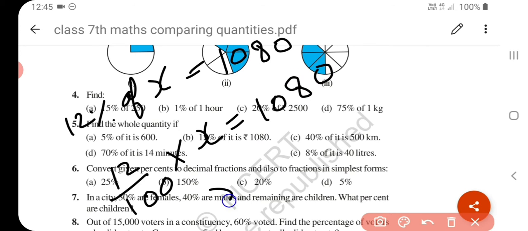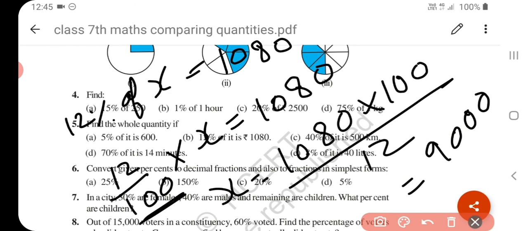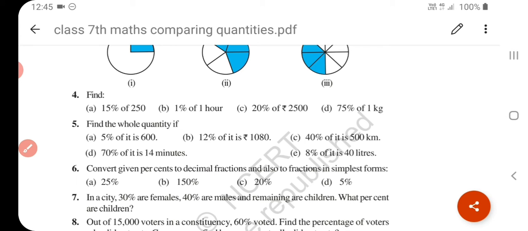So x is equal to 1080, and this 100, the denominator, comes here and becomes the numerator, upon 12. When you solve it, your answer is 9,000 rupees. So this way you complete question number 5.